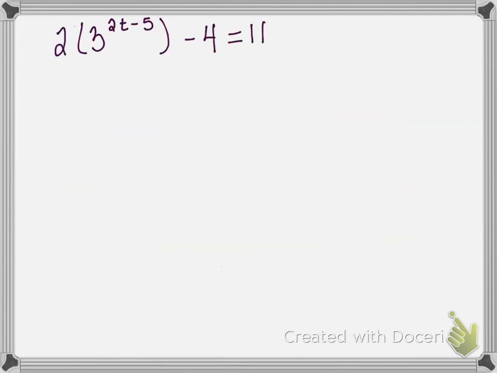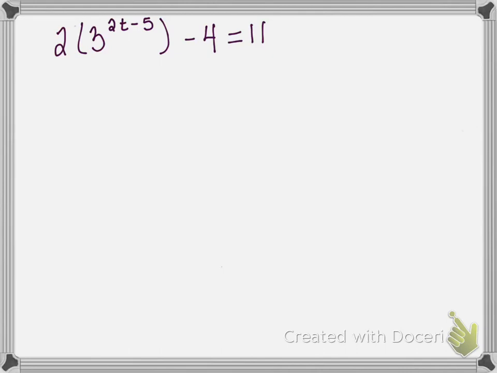So, I have a 2, and I am multiplying that 2 times 3 raised to a power of 2t minus 5. Then I have a minus 4 outside that parentheses, and it's equal to 11. The first thing that I'm going to do is get rid of that 4.